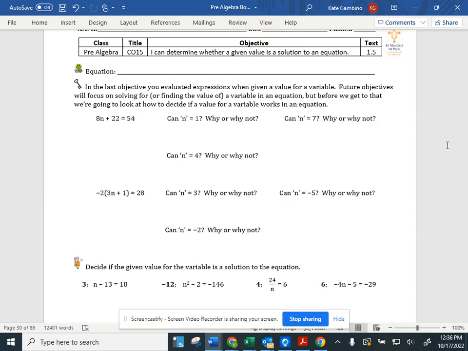Does it make sense? So first let's think about what an equation means. Our expressions that we were doing, an expression does not use an equal sign.